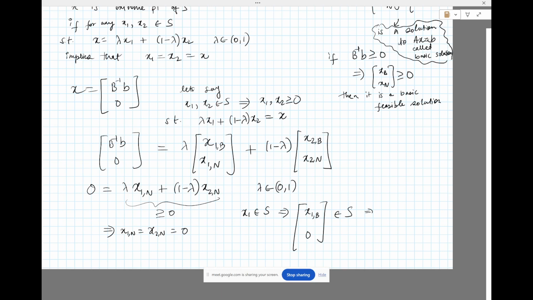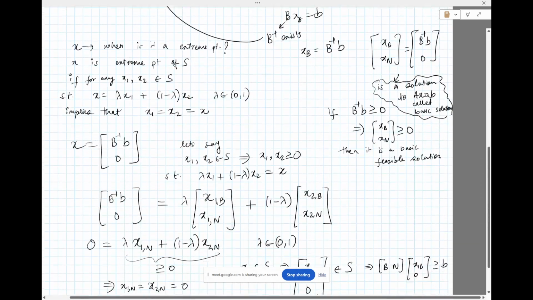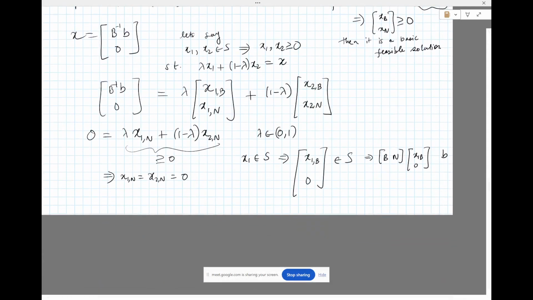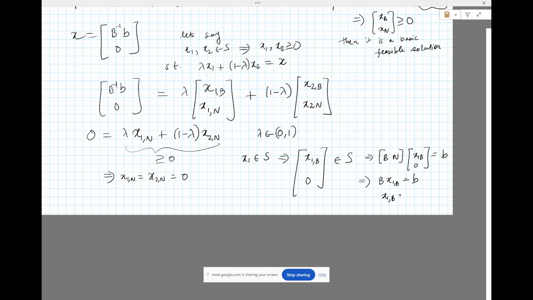And that is in S, so if I multiply it by (B, N), times (x1b, 0), this should be equal to b, that is my constraint. So that means B x1b is equal to b, so x1b is equal to B inverse b.